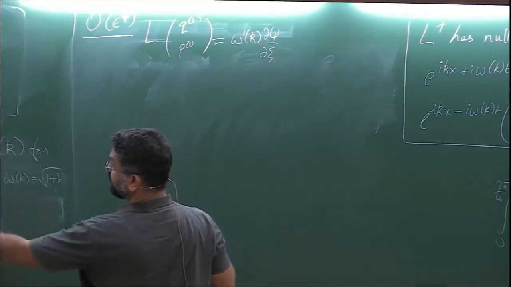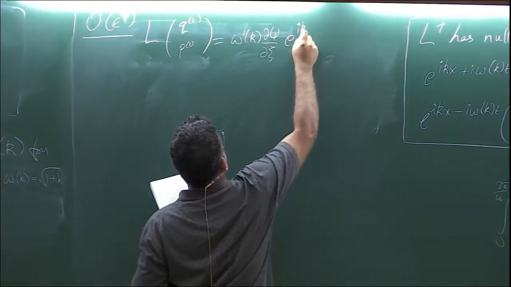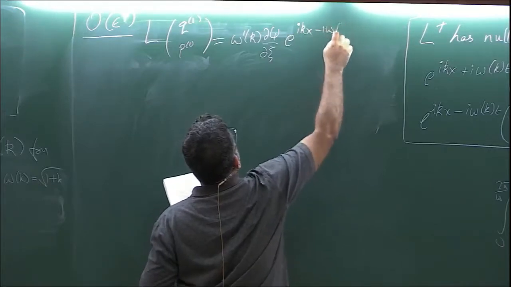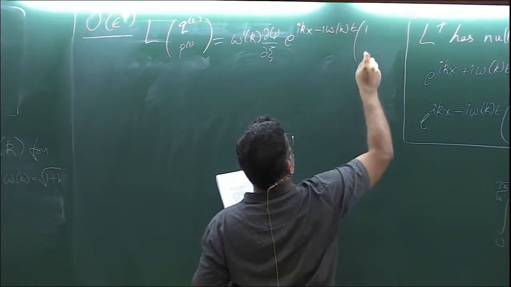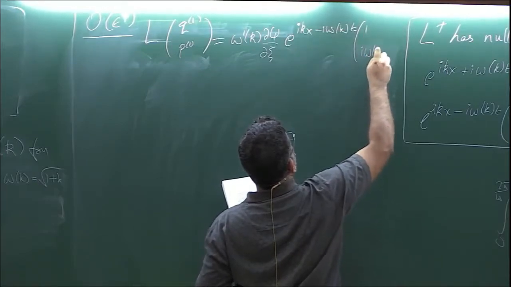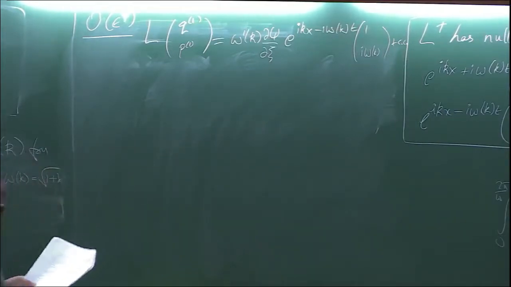Remember, xi is this traveling coordinate. e to the ikx minus I omega of k t, plus complex conjugate. So the entire right-hand side chunk simplifies into the following expression, where automatically the stuff on the right-hand side satisfies the Fredholm alternative criterion by construction.